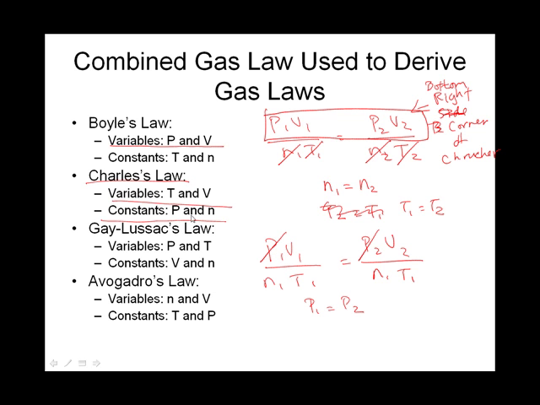And my N1 equals N2, so again I'm dividing by the same number, so I can cancel that out. And so my Charles's law is V1 over T1 equals V2 over T2, which is also in the bottom right hand corner of your cruncher.